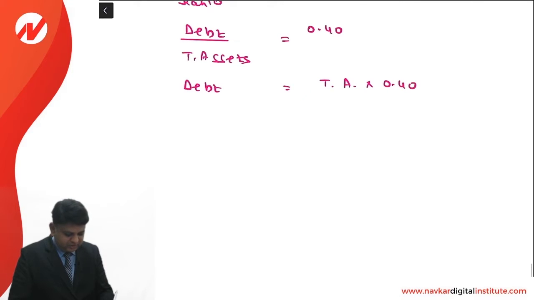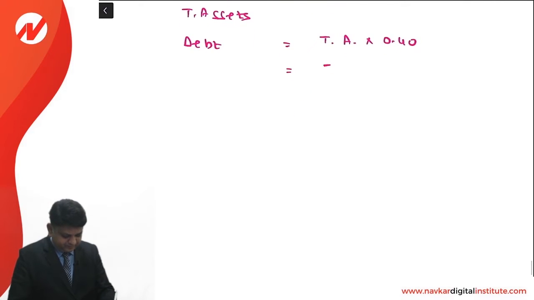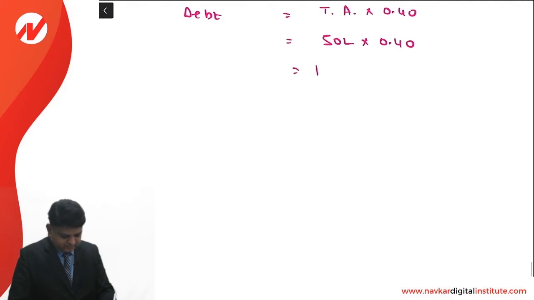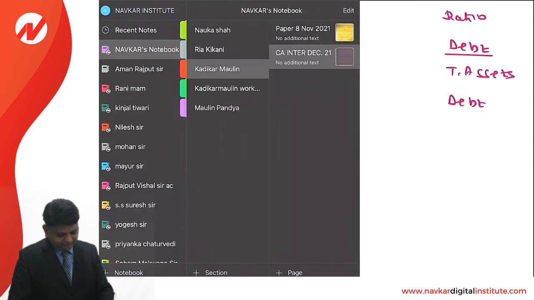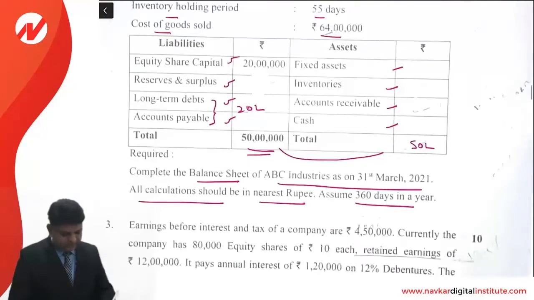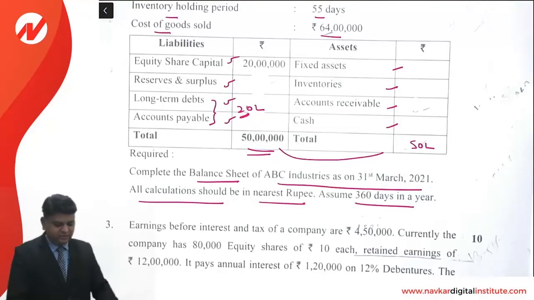So debt will be total assets into 0.4, 50 lakhs into 0.4. That comes to rupees 20 lakhs. So we have made this calculation. It is an amount of 20 lakhs. So reserves and surplus can be calculated as a balancing figure.